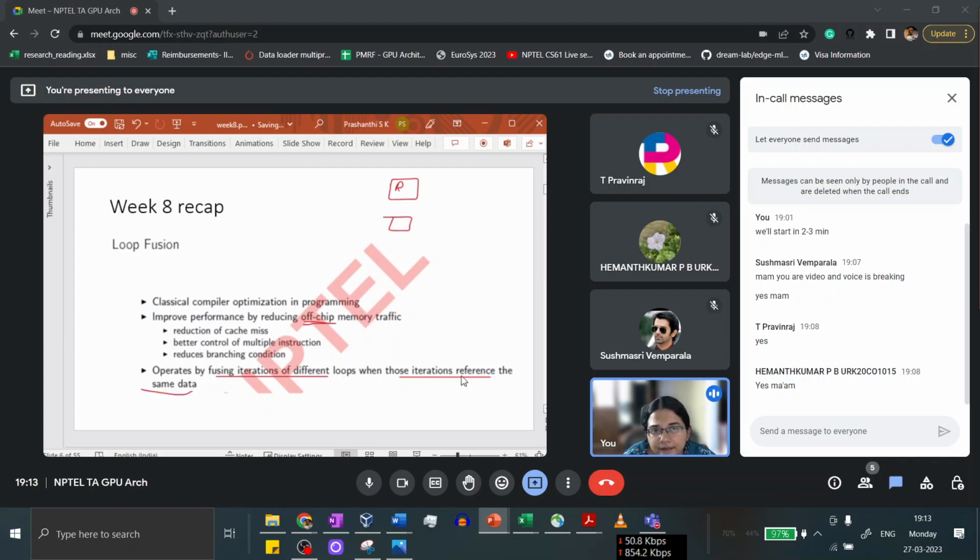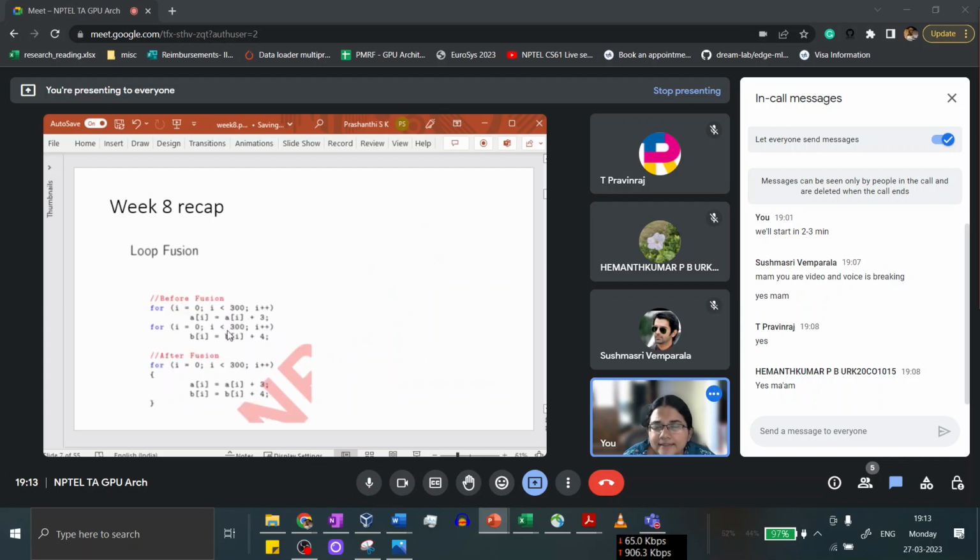And the benefit that you gain from doing this is multiple. One is the cache benefits, right? We looked at this toy example. Before the fusion you have two loops, one of which does a of I plus 3, the other does b of I plus 4.